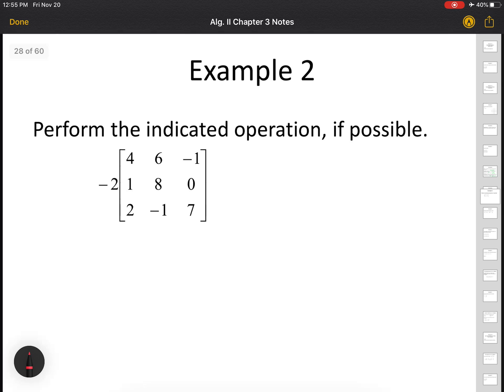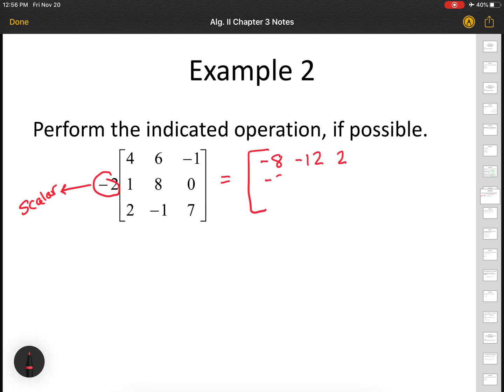So if I want to perform the indicated operation here in example 2, my scalar is -2. So what I'm going to do is take that -2 scalar and multiply it to all of my elements one at a time. So -2 times 4 is -8. -2 times 6 is -12. -2 times -1 is +2.